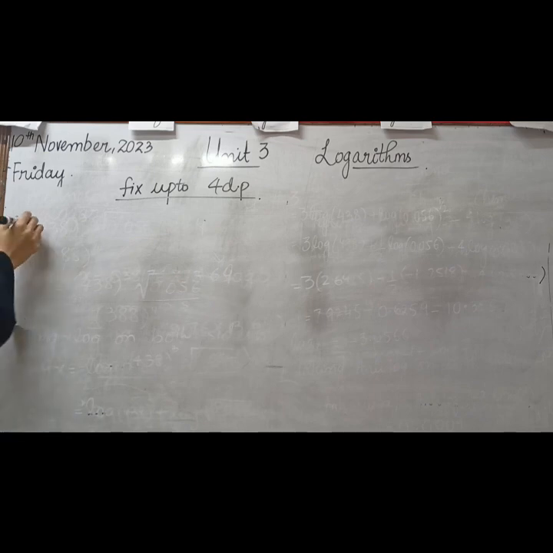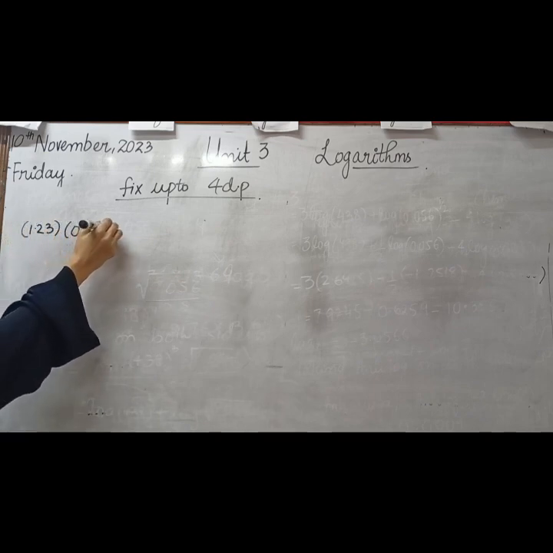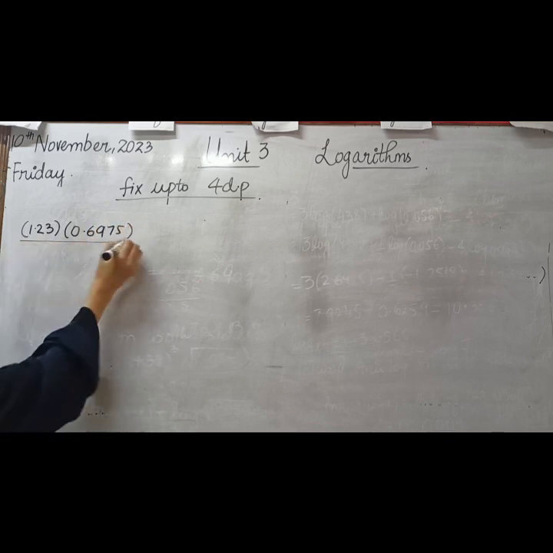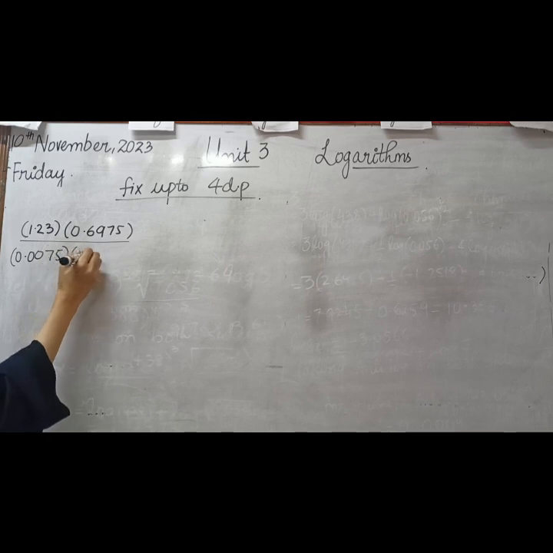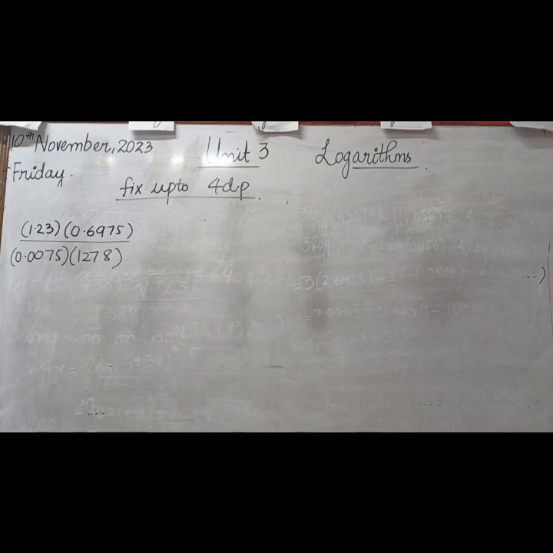For example, 1.23 into 0.6975 over 0.0075 into 1278. You can see that we have two terms in the denominator which are multiplying. So what will you do? We will solve it step by step.